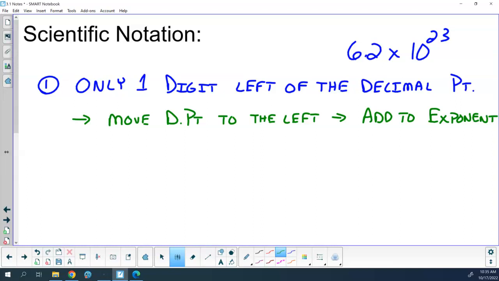Conversely, if you move the decimal point to the right, you would subtract from the exponent. Okay? Because that digit has to be between 1 and 9. It can't be a 0.